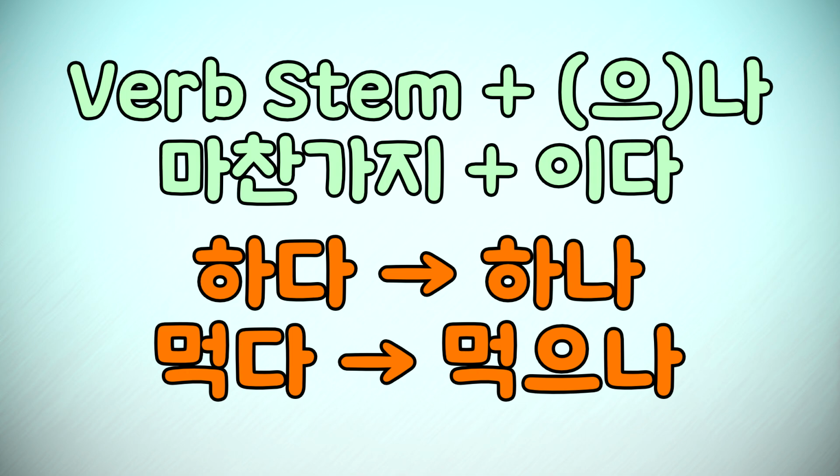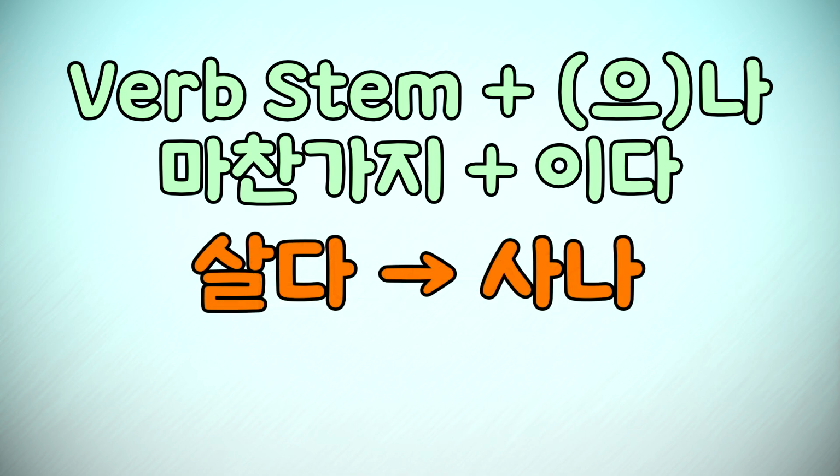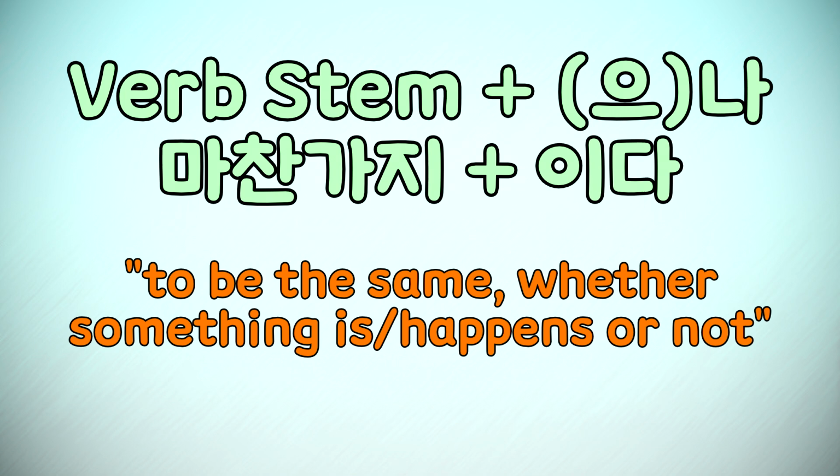Note that certain verbs can have exceptions when conjugating, such as verbs that end with the letter ㄹ. So the verb 살다, meaning to live, would become 사나. Then add 마찬가지 and 이다, just like before. This form means that something is the same whether something happens or not.